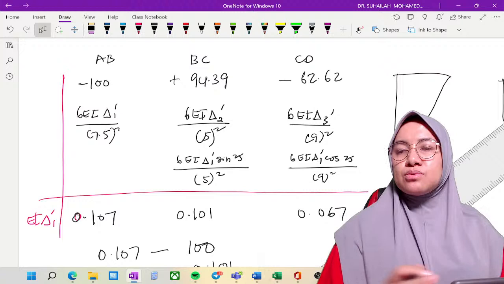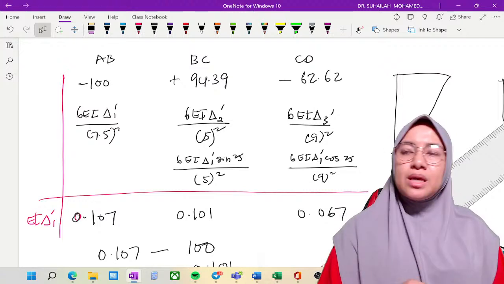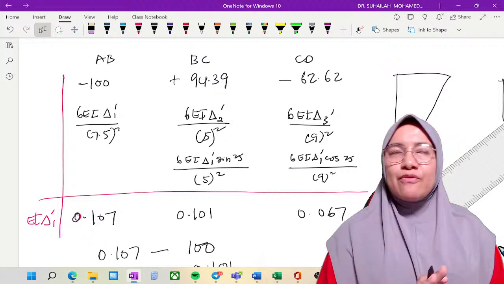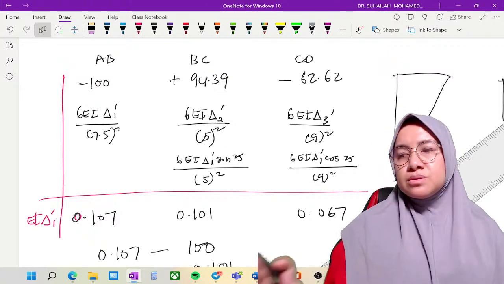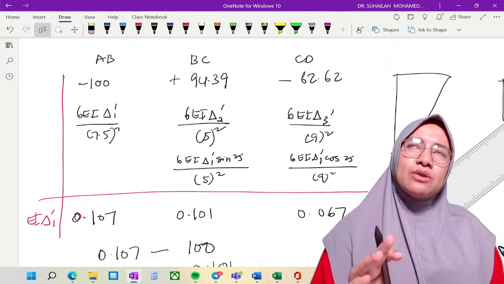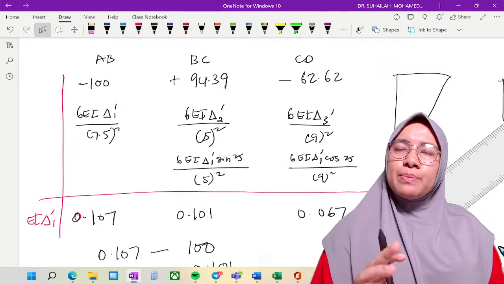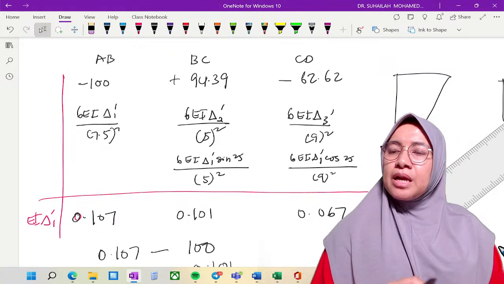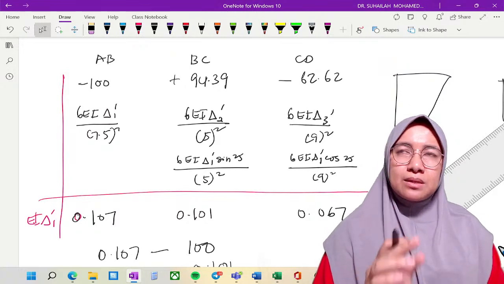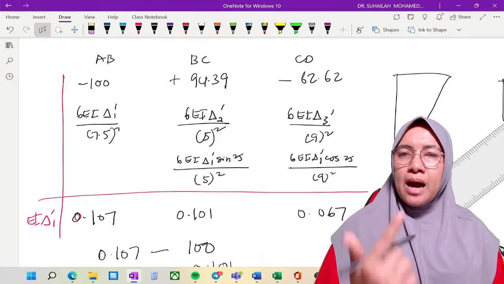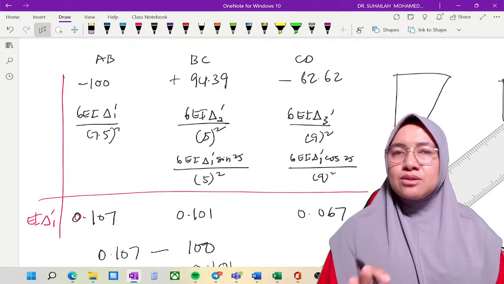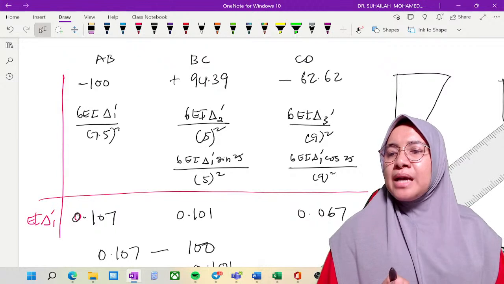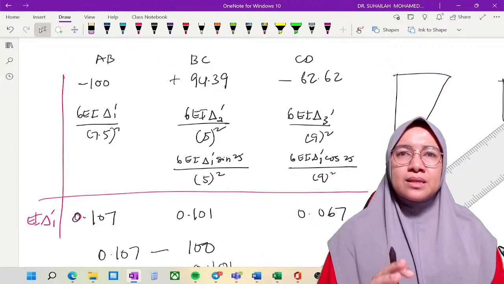This is how we identify FEM due to sidesway. FEM due to sidesway is influenced by 4 parameters: E, I, L as well as delta. In this case L is not constant, EI is constant, and delta is not constant.